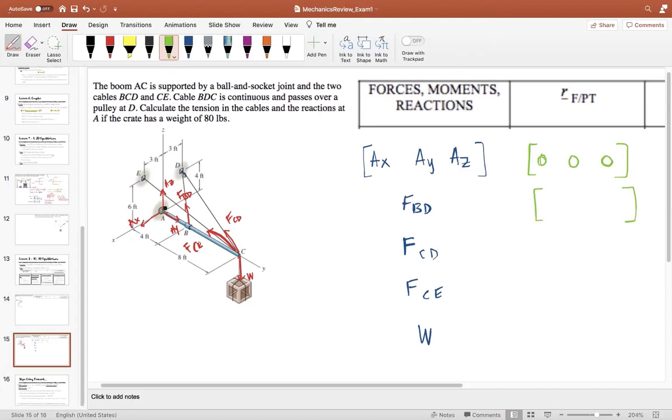That was for FBD, and that works because you picked D. Beautiful. Couldn't you also do 0, 4, 0? Yes, 0, 4, 0, because it's anywhere on this line of action, which means you can pick B or D.